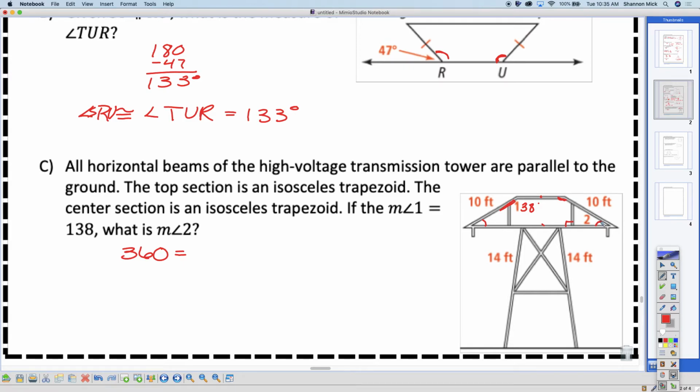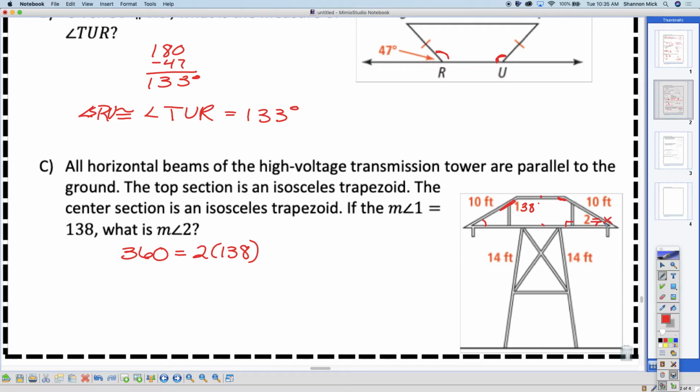So I know I have 2 times 138, because I have two 138s. And since we need to know 2, and we can't put 2 in there because that would be confusing, what variable do you want to use? X. I'm good with that.